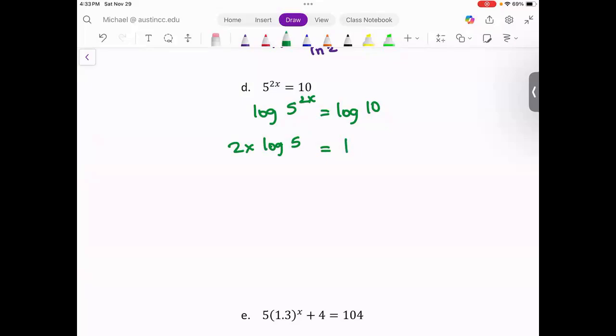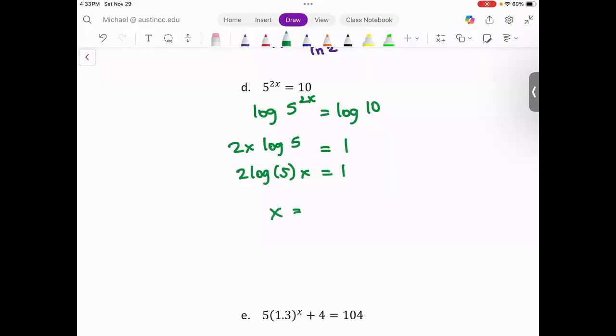So if we rewrote it as 2 log 5 times x equals 1, then we can divide each side by 2 log of 5.